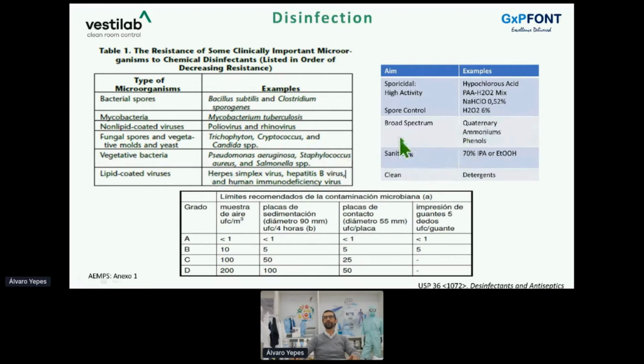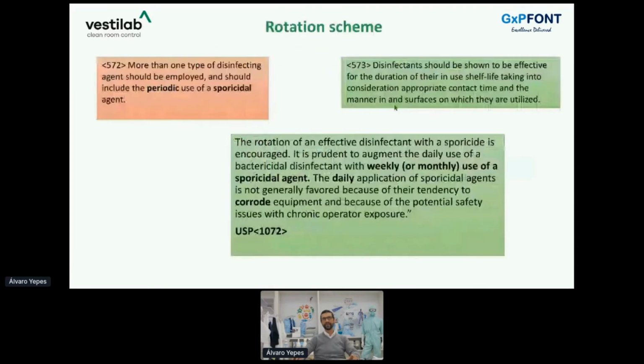Then a broad spectrum disinfectant is the preferred molecule to be used on a daily basis. The use of the sporicidal agent needs to be done on an established basis, but it's not favored at all to do it on a daily basis. The guideline is very clear already in Annex 1 that we need a periodic use of the sporicidal.